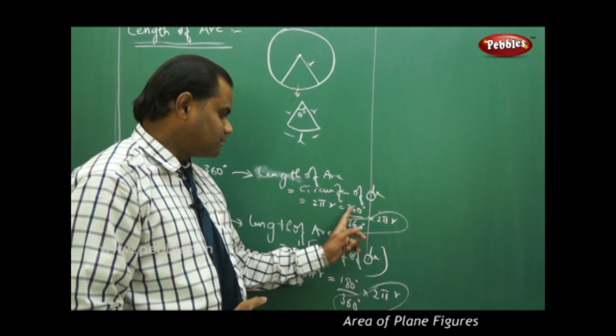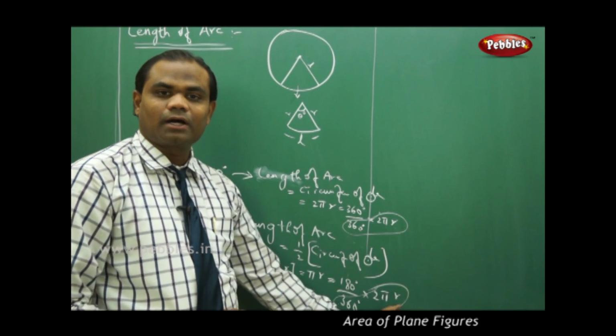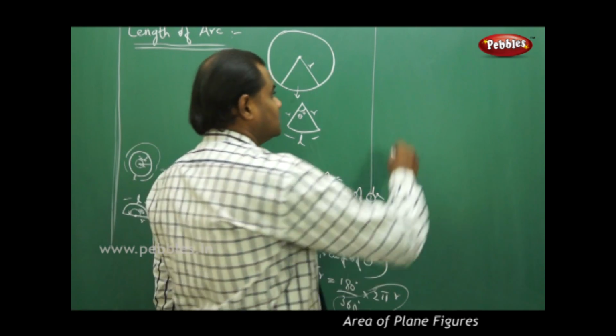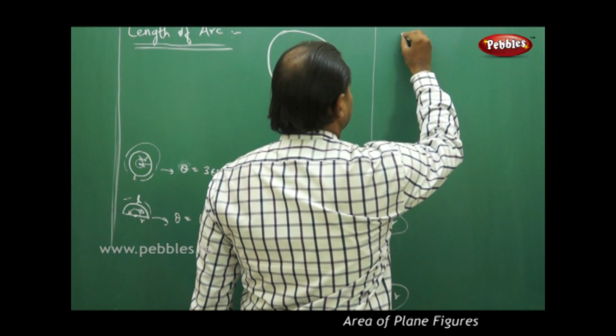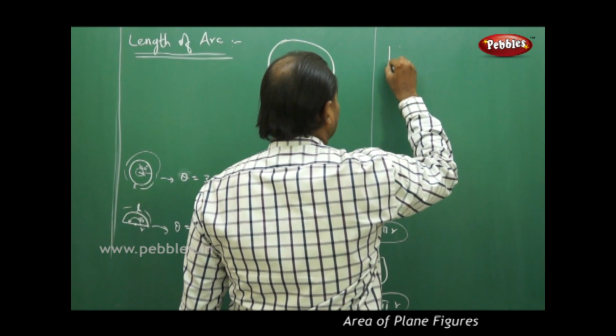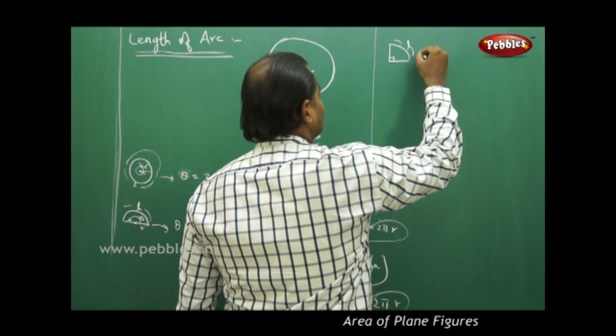So here I get 360 by 360 into 2 pi r. I get here 180 by 360 into 2 pi r. Then I also take next as x. So let me take this with 90 degrees, a quarter circle, so that this is 90 degrees and this is the length of the arc.